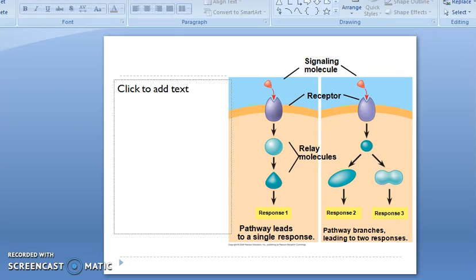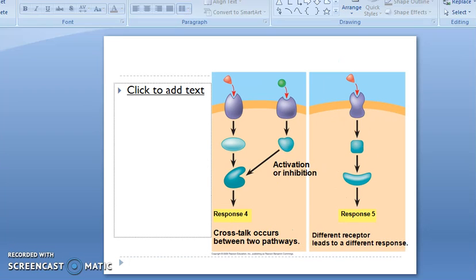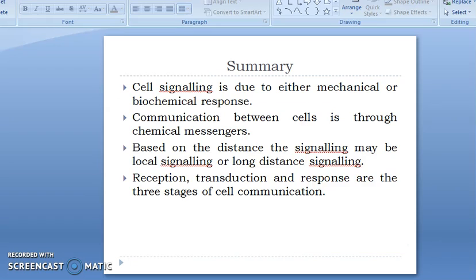The second option is a pathway that branches, leading to two responses. There is one more consequence: crosstalk occurs between two paths, and you can have response 4 also. And different receptors leading to a different response is one more consequence, that is the fifth response.